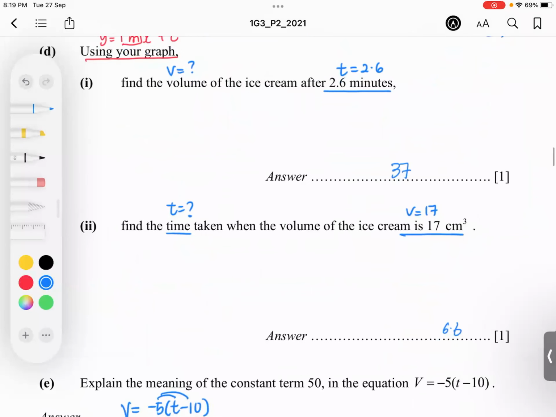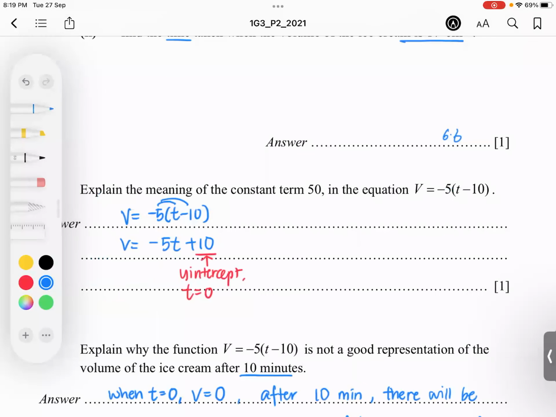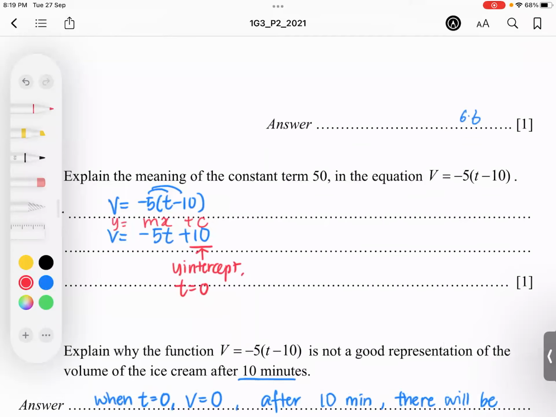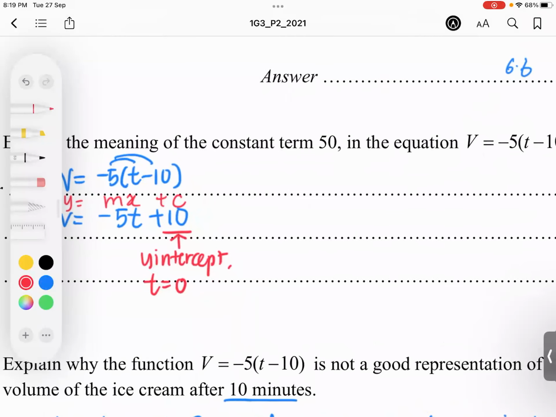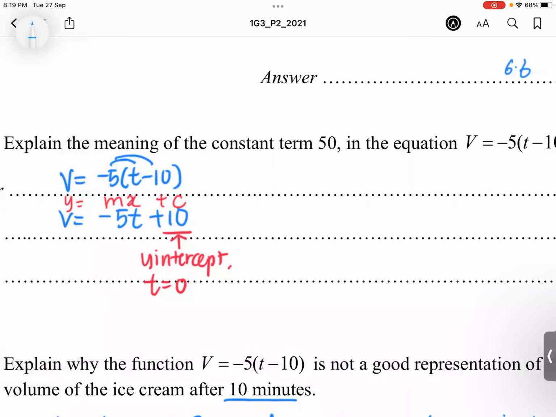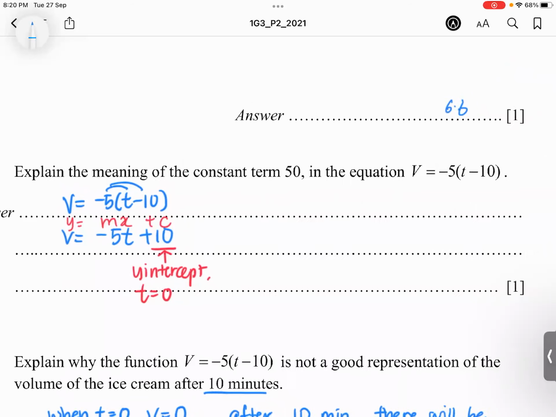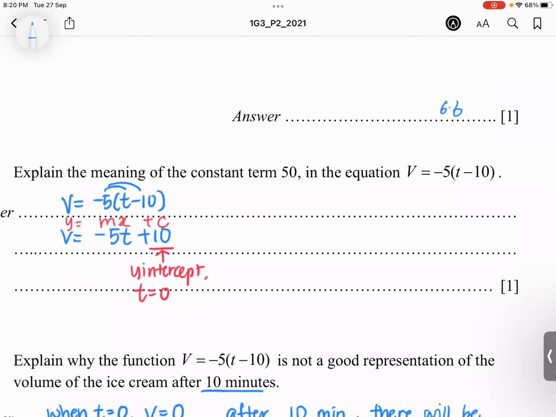Okay, next question, what is the meaning of the constant term in this case? This one I already explained just now. If I expand it out, it will become the form y equals to mx plus c. This number 10 over here is actually my y-intercept. When it's talking about y-intercept, the x-axis will be equal to 0, which is t equals to 0.